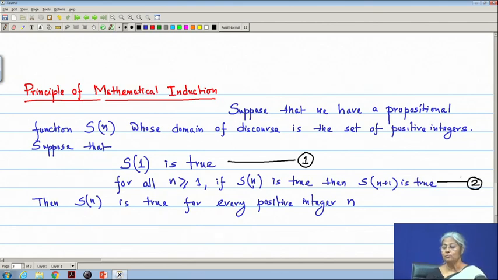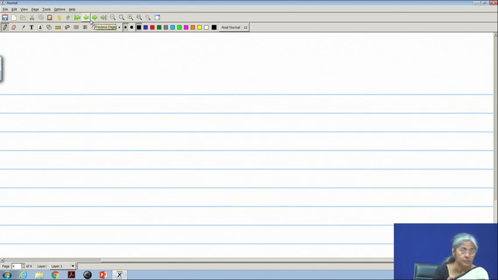Then Sn is true for every positive integer n. So, this is the principle of mathematical induction and we will use this to prove formulas or to verify some equalities or inequalities in mathematics. Now, we see some examples with this.